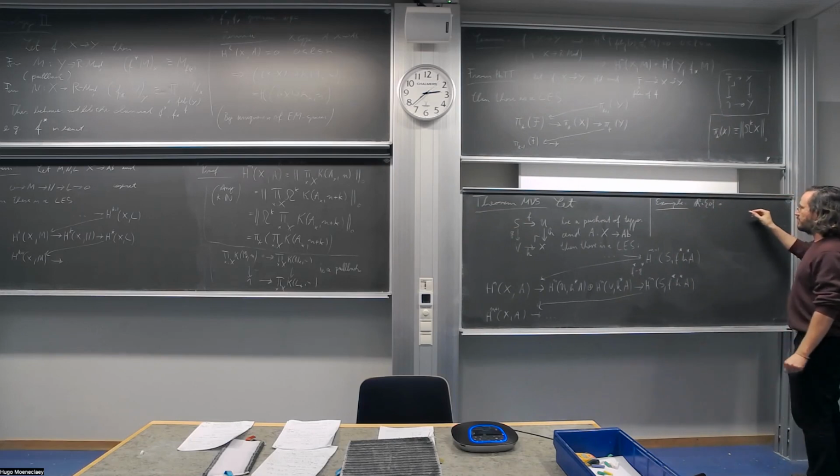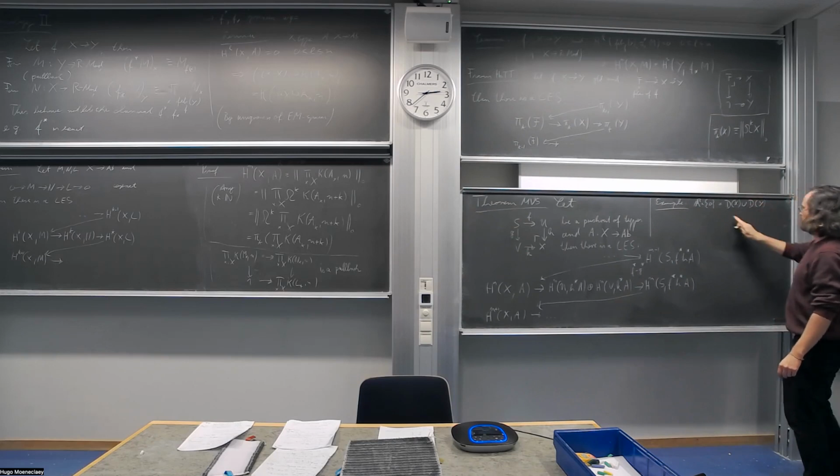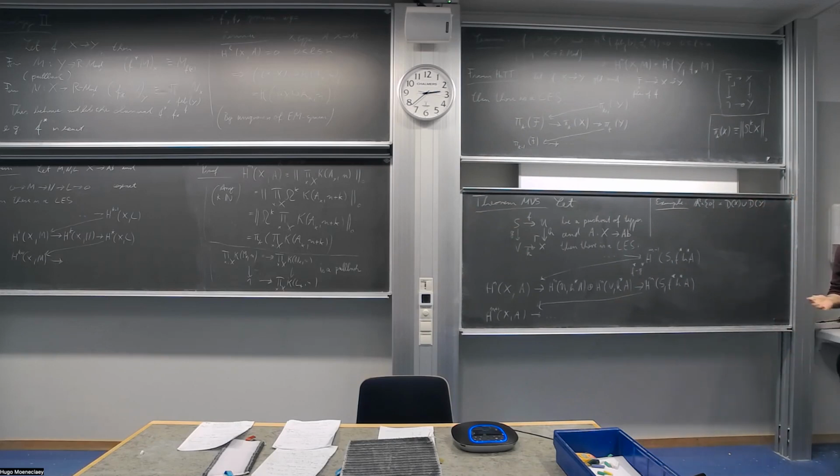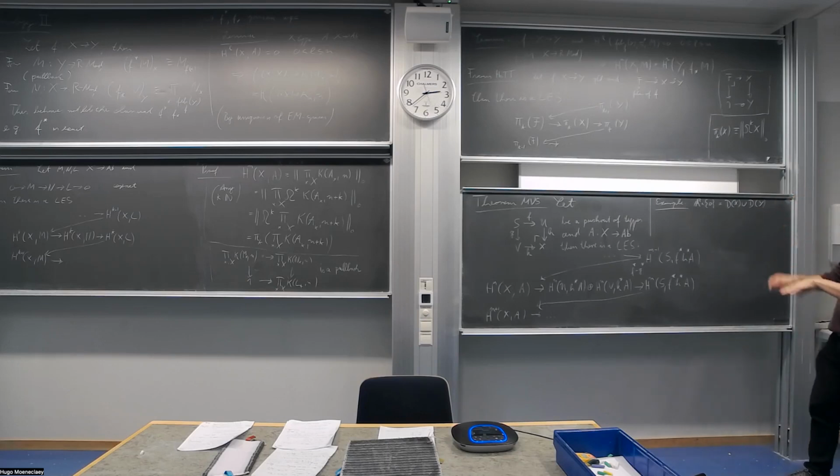So A^2 without 0 is the union of D(x) and D(y). If you view these as subsets of A^2, you have the non-zeros of x, so everything except the y-axis, and everything except the x-axis.